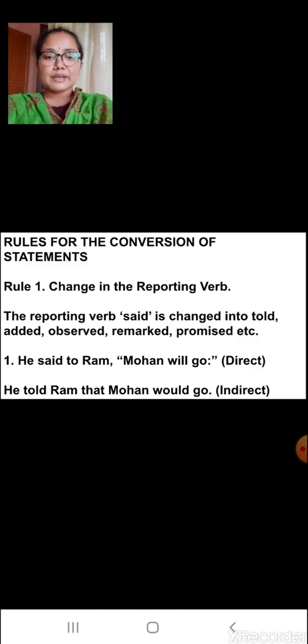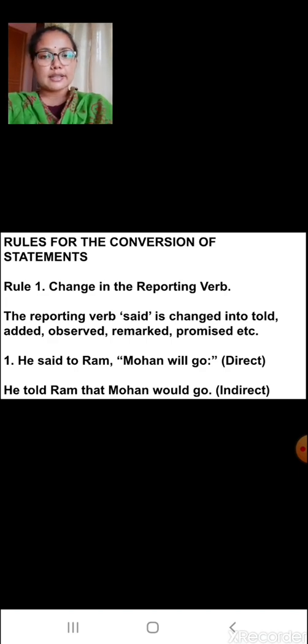So this statement is given in the direct speech. When we convert the same into indirect speech, the sentence will be: he told. In place of said, now it has become told. So he told Ram that Mohan would go. So now it is the indirect speech.